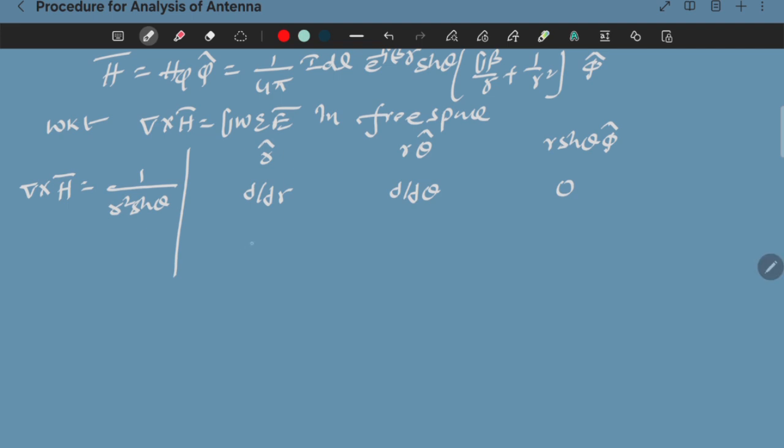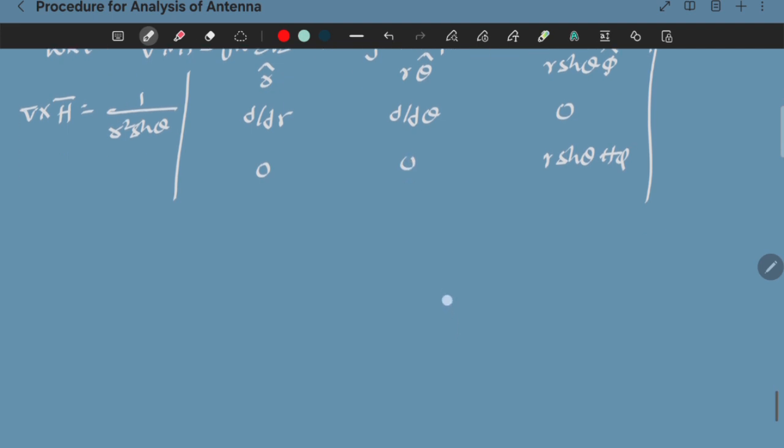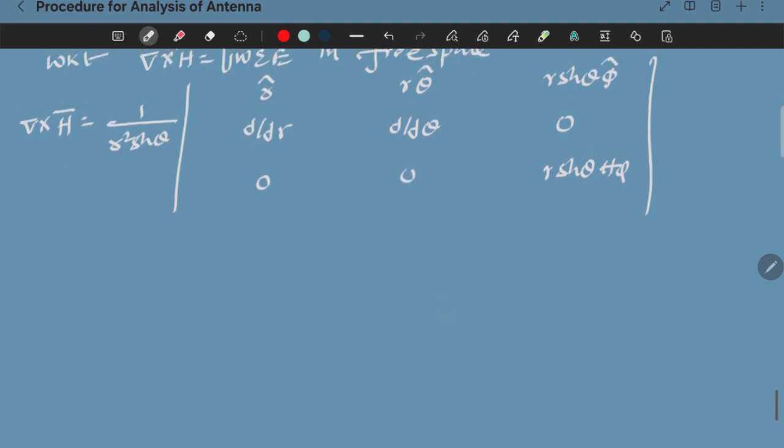Next here we have to write Hr, rHθ, r sinθ Hφ, but we have only the Hφ component in the H bar, so I'm removing these two, 0 0. Now I will substitute here Hφ.